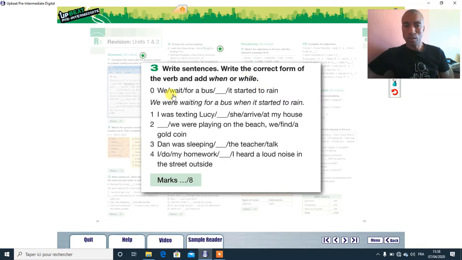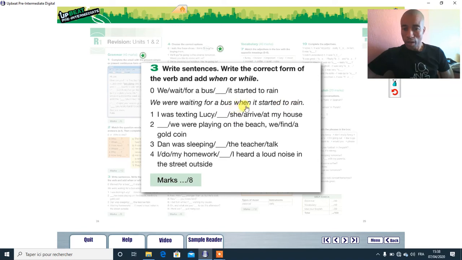So let's read the first sentence here, and it is given as an example, so it shows us what to do for the next sentences. Here we have, we wait for a bus, it started to rain. So here we talk about simple past and past continuous. So we were waiting for a bus when it started to rain.